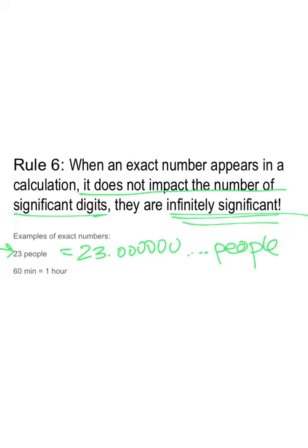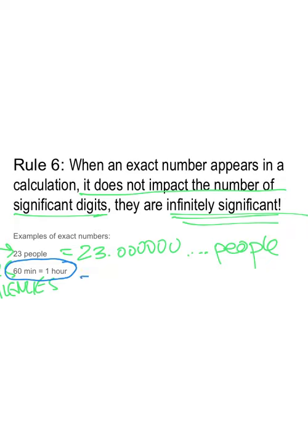Okay, so that's never going to impact the number of significant figures in a final answer when we're doing a calculation. We also have conversion factors or equivalencies. So here we have an equivalency that there are 60 minutes in 1 hour.